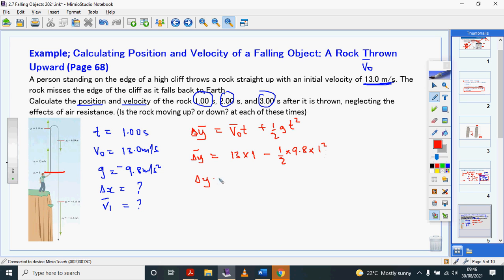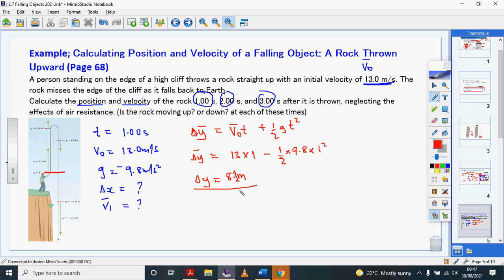So I'll find that my change in vertical displacement, using my calculator, is 13 minus 4.9, which is 8.1 meters.